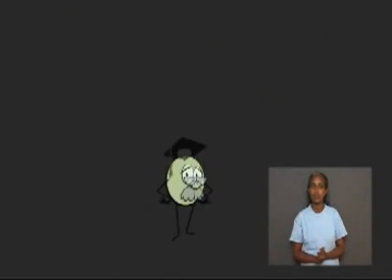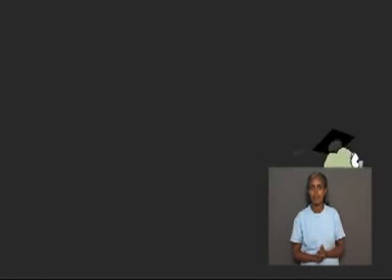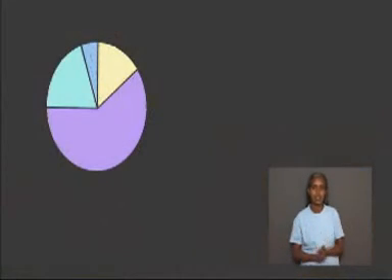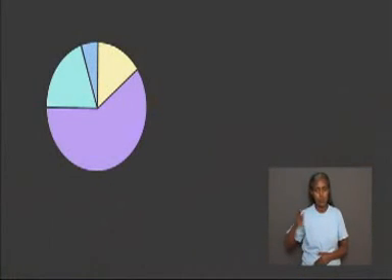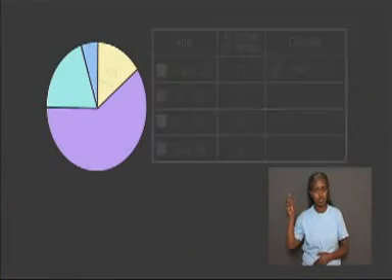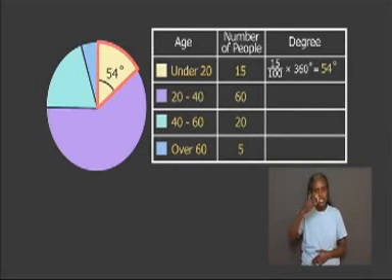Time's up! Let's get back to our lesson. Welcome back, students. Your pie chart should look like this. The slice representing people under the age of 20 should be 54 degrees.